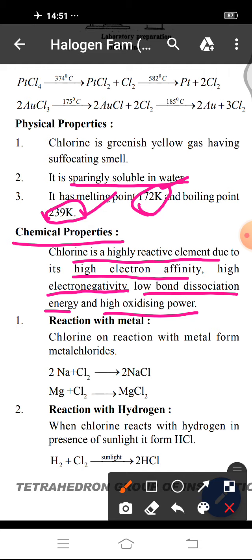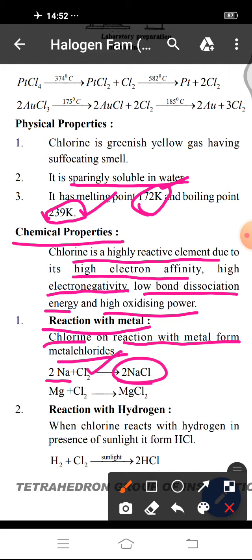Let us come to its first reaction, with metals. When chlorine reacts with a metal, it forms a metal chloride. Sodium reacts with chlorine to form sodium chloride.